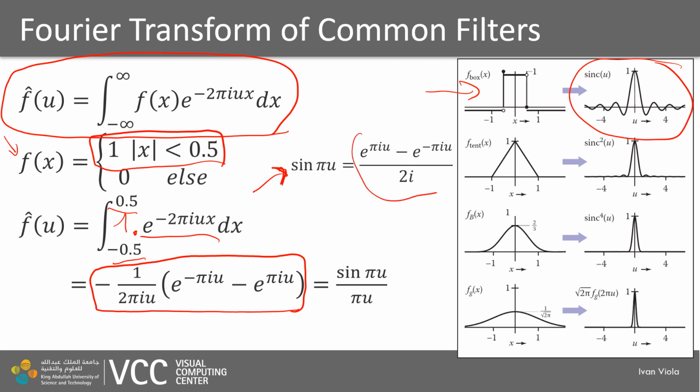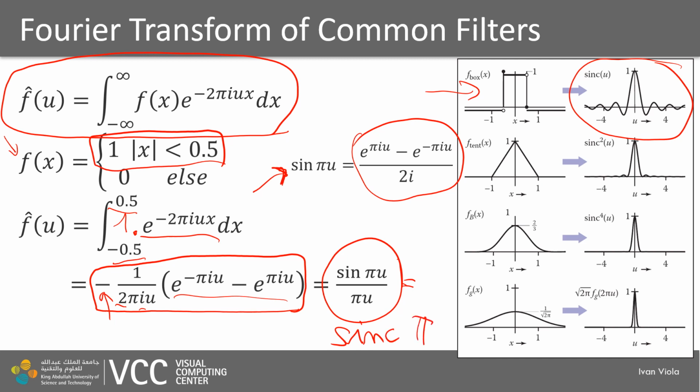So this term here is equal to sine pi u. And we can see that this term appearing here is slightly turned because here is minus. But 2i is also here, and these two terms are also here. So actually we can see that this integration and the Fourier transform result in this function sine pi u divided by pi u, which is actually known as the sinc pi u.